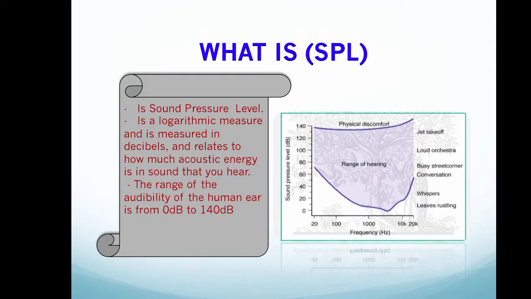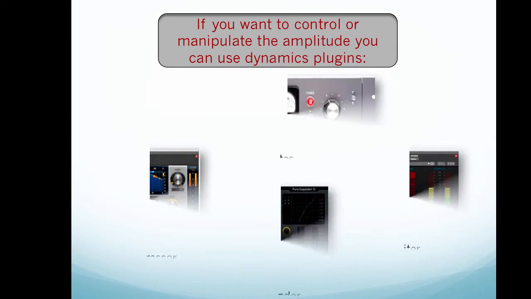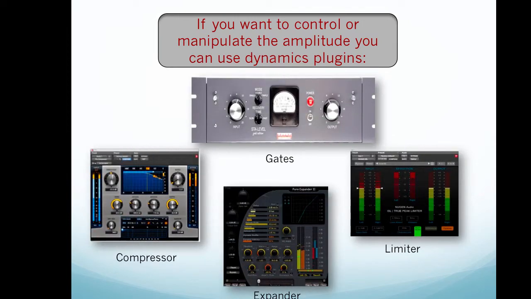The range of audibility of the human ear is from 0 decibels to 100 decibels. If you want to control or manipulate the amplitude, you can use dynamics plugins: expanders, gates, compressors, and limiters.